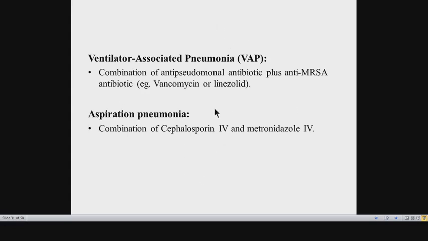For that reason, in addition to giving metronidazole, which will cover anaerobic bacteria, we should also give an intravenous cephalosporin like ceftriaxone or ceftazidime, in order to cover gram-negative bacilli. And it's better to give a cephalosporin which will cover gram-negative bacilli including Pseudomonas, like cefepime or ceftazidime.